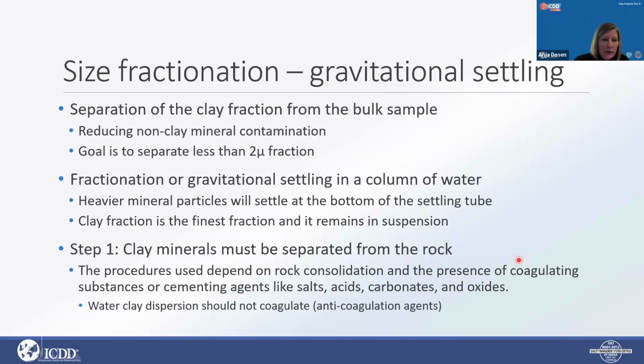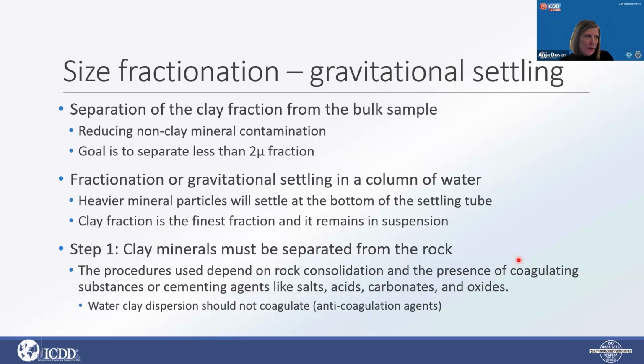All right, so let's say that we did that, and now we want to move on to size fractionation. That involves separation of clay. Our goal will be to separate the less than 2 micron fraction. That way, as I mentioned, we are going to reduce the non-clay mineral contamination.